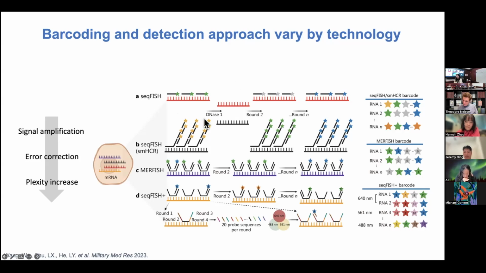It was good, but the signal was still very weak because every place it binds was a single fluorescent tag. And in order to amplify the signal, they developed SeqFISH-plus, changing the shape of the probes to add more fluorescent tags. And the downside of these were off-target effects and non-specific bindings as they increased the flexibility of these technologies.